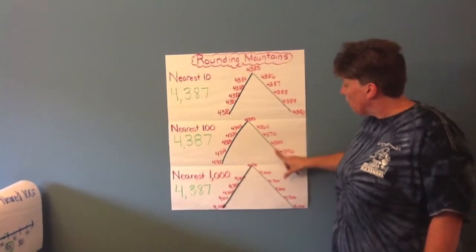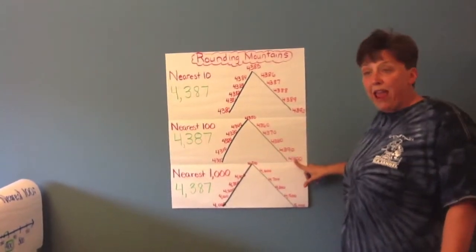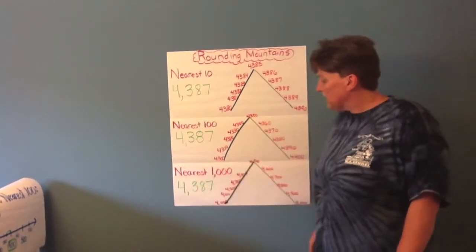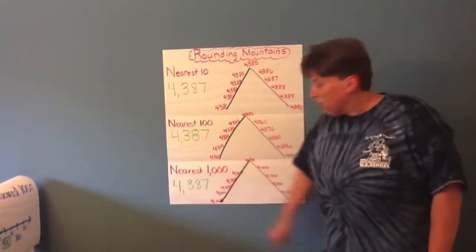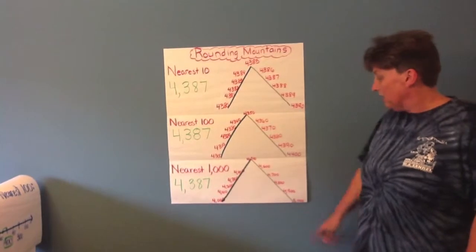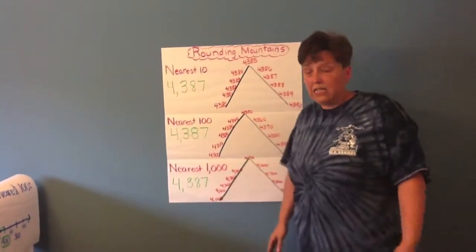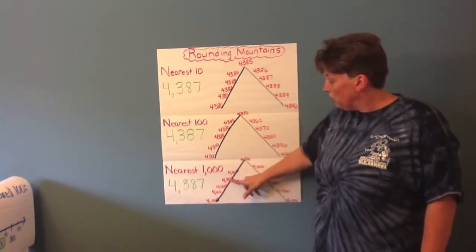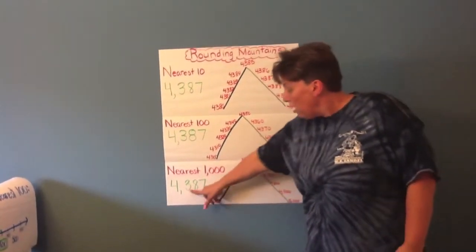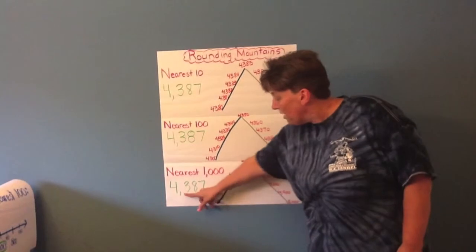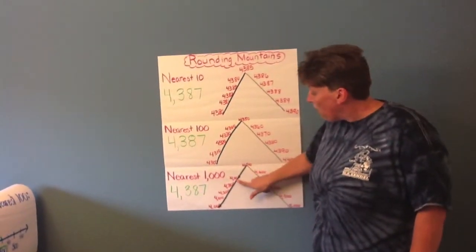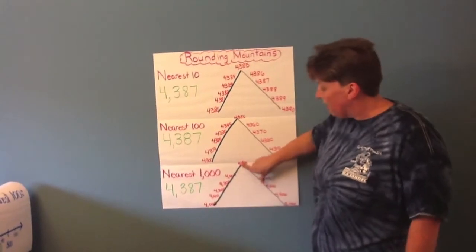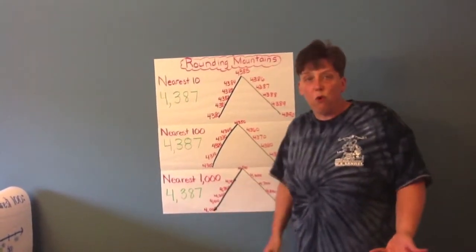So it would come somewhere on here, and it would round to 4,400. If I'm rounding to the nearest 1,000, somewhere between 4,000 and 5,000 is 4,387. So when I look, it's 4,100, 200, 300, 400. And when I look in the hundreds place, I know 4,387 falls somewhere in between here. So it would be on this side of the mountain and round to 4,000.